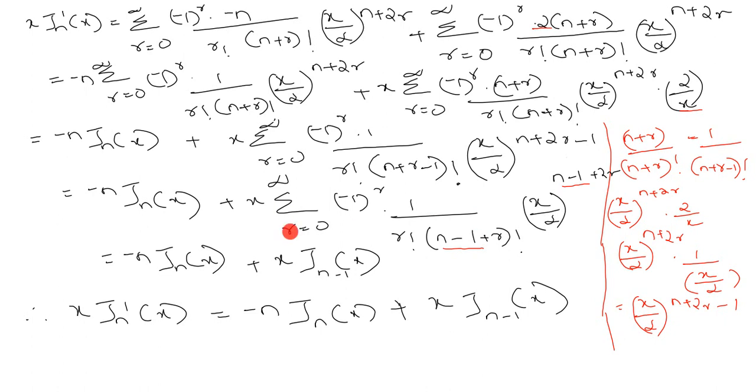So instead of this term we can replace it by Jn minus 1 of x. Okay, so this equation is now x Jn dash of x is equal to minus n Jn of x plus x into Jn minus 1 of x. So that is the second recurrence relation.